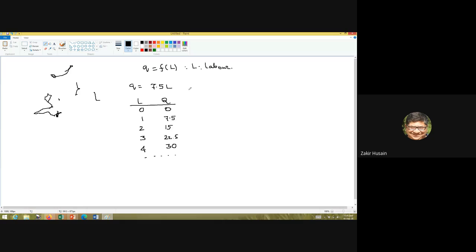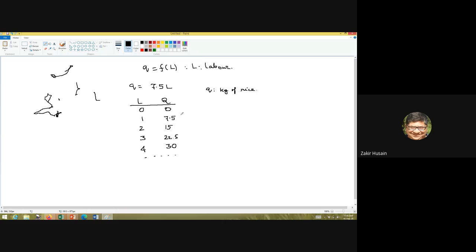Okay. Now there are two issues over here. Suppose Q is kg of rice. What does 7.5 mean?